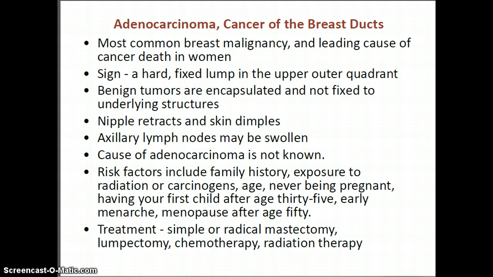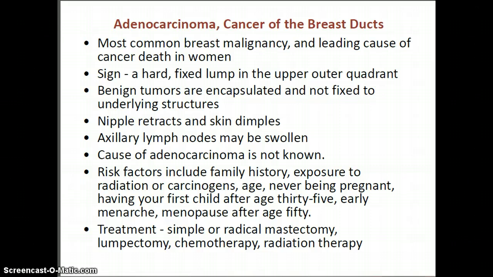The causes of adenocarcinoma are not clearly known. We have talked about some of the risk factors. It could be family history, exposure to radiation or other carcinogens. Please recall some of the factors that we looked at during the link between environment and disease. Age has an influence. A person who is never pregnant is at higher risk.